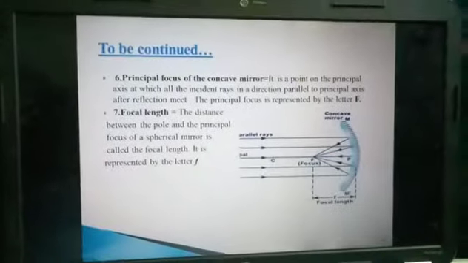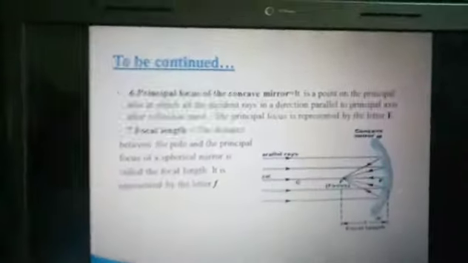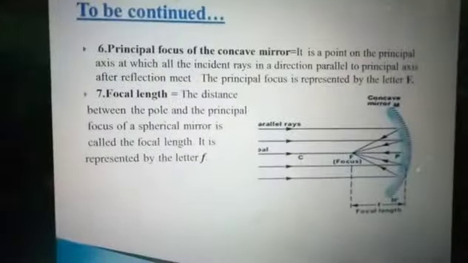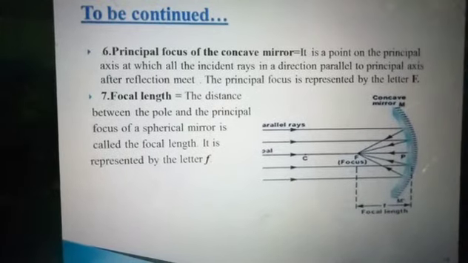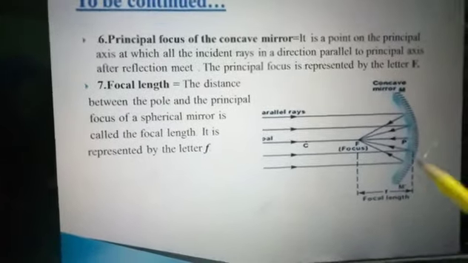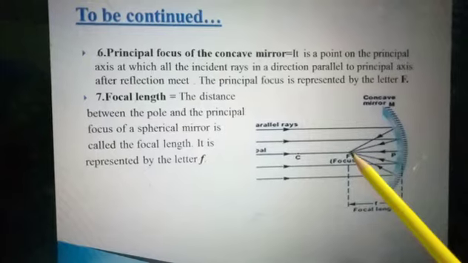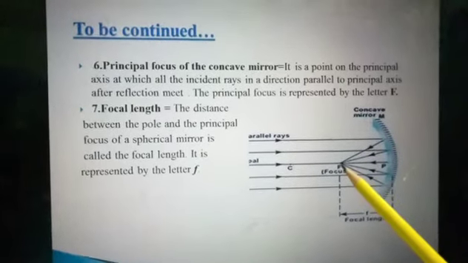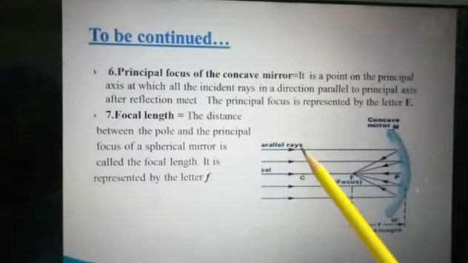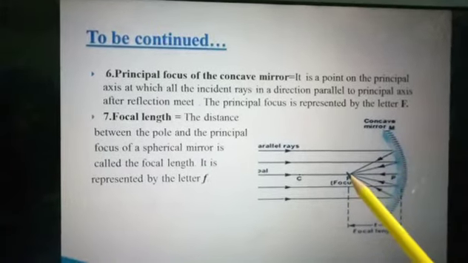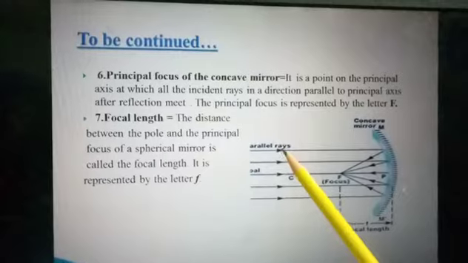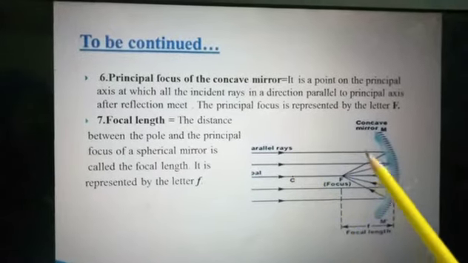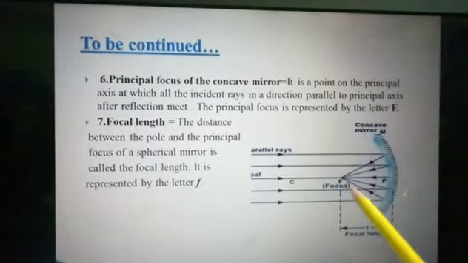Next term is the principal focus of a concave mirror. We have two different terms, one for the concave mirror and the other for the convex mirror. Just look here, it is a point on the principal axis, known as the principal focus. It is the point on the principal axis at which all rays parallel to the principal axis meet after reflection.